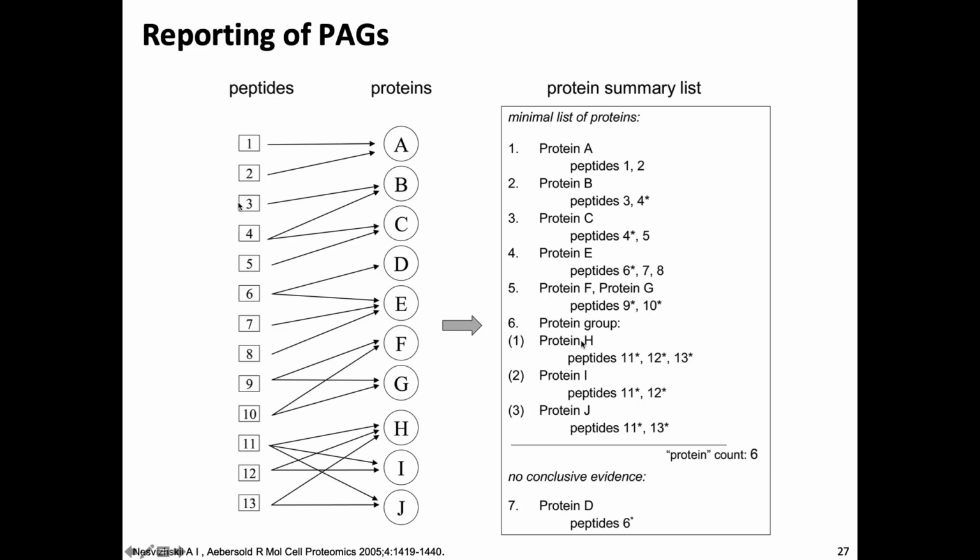And here it says there are 3 proteins that are of interest to this question, H, I, and J, and they have support from different peptides. But at this point, we cannot say what is truly in the sample. Just that these are possible candidates explaining what we have. And that's a more honest answer than sort of randomly picking one of the 3 and hoping for the best.